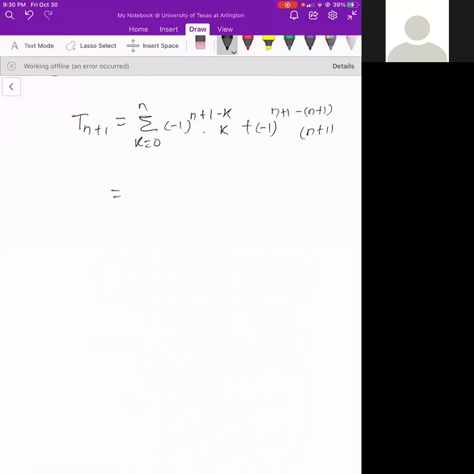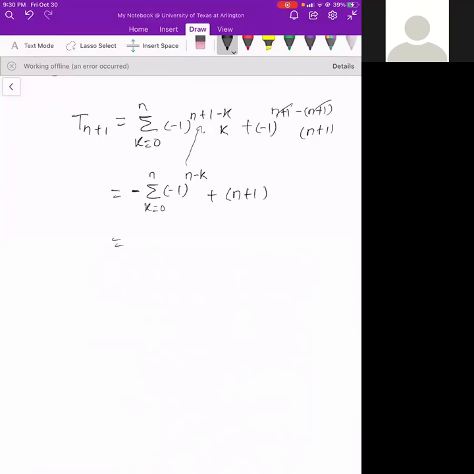Now this thing is going to be minus the summation k equals 0 to n minus 1 and minus k. This minus was explained before, due to the fact that we have a plus 1 over here to the power of minus 1. Then we will see that this cancels out, and this is going to be 1, and that will leave us with this n plus 1 over here.